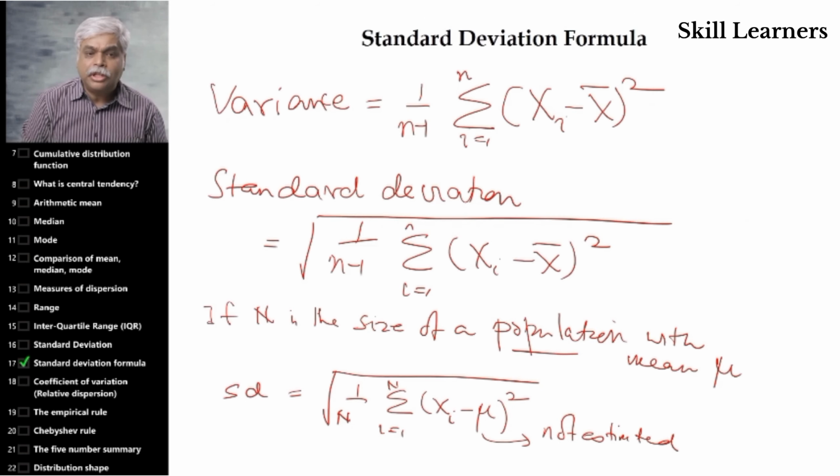So if the mean is estimated, divide by n minus 1.